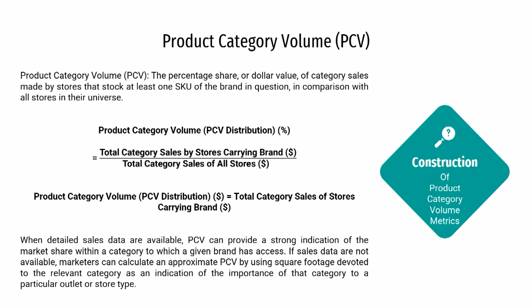How is it different from ACV? In this case, we are not talking about the total sales of the outlet. Rather, we are capturing the value of the total category sales rather than the total sales across categories. The same example that we gave earlier, we can calculate the product category volume as well, and it will not be the same as the all commodity volume.